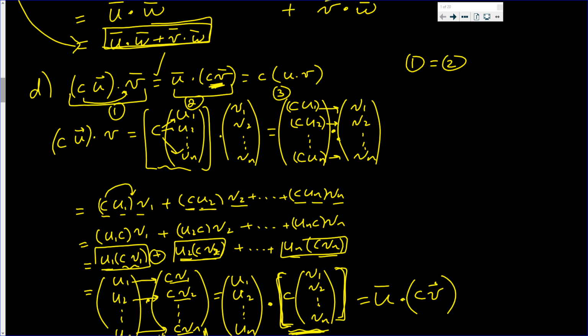If I also show that expression 1 equals the third one, so expression 1 is equal to 2, and it equals 3, these two have to be equal.